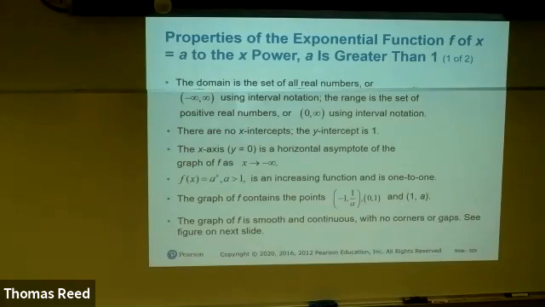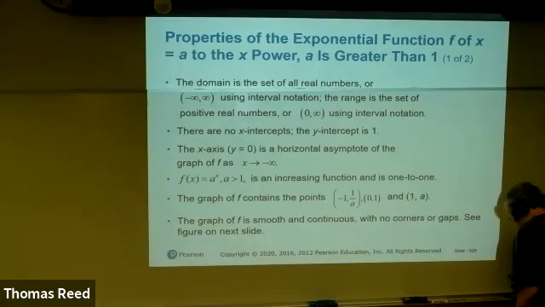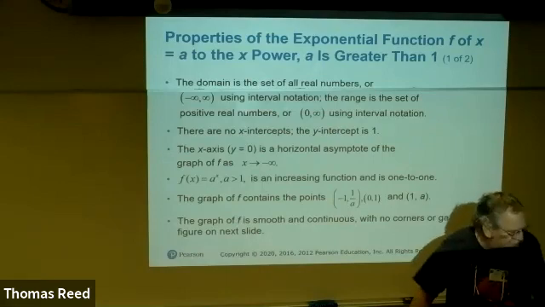The graph of the function contains those 3 points: -1, 1 over a, because a to the -1 is 1 over a; 0, 1, because a to the 0 equals 1; and 1, a, because a to the first power is a. The graph is smooth and continuous with no corners or gaps. And we'll look at the function on the next slide.